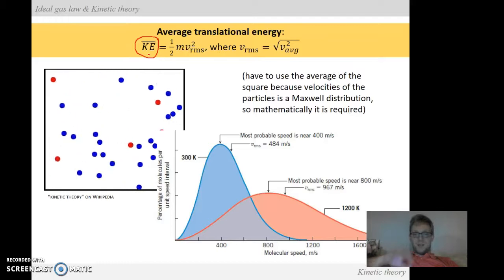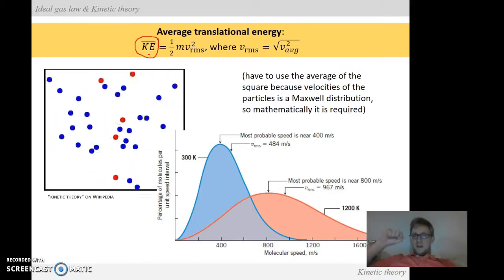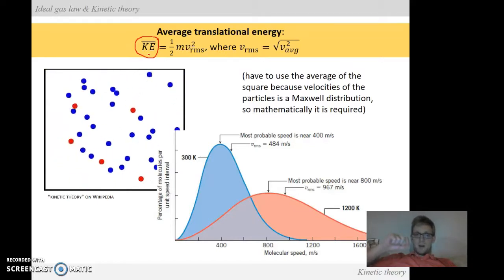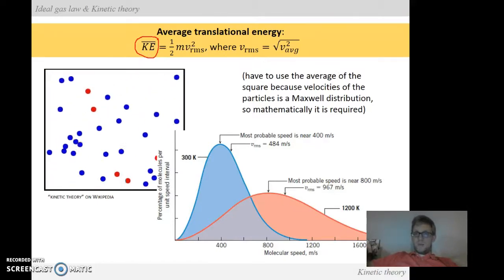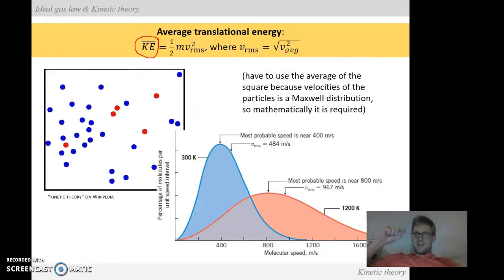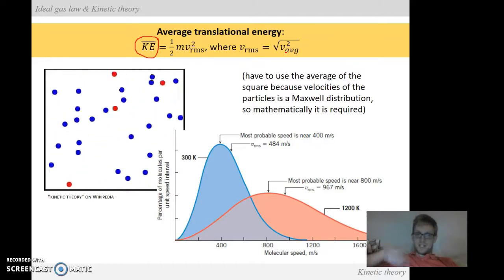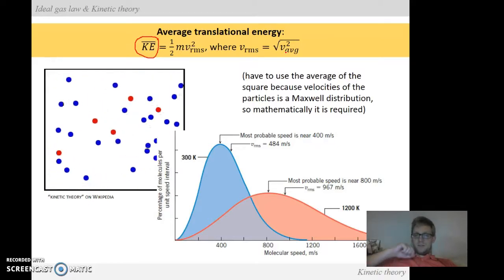In this case, we're talking about v squared of the RMS. That RMS is the root mean squared, and that is defined as the square root of the average of the squares of the velocities of each of these particles.